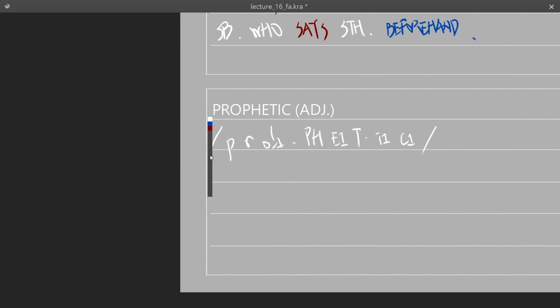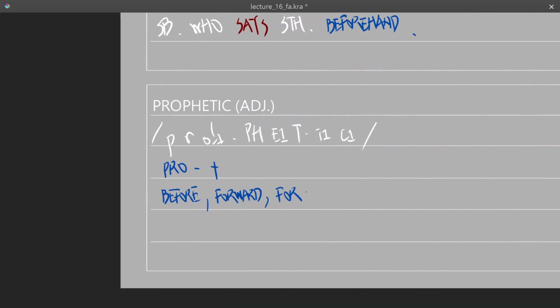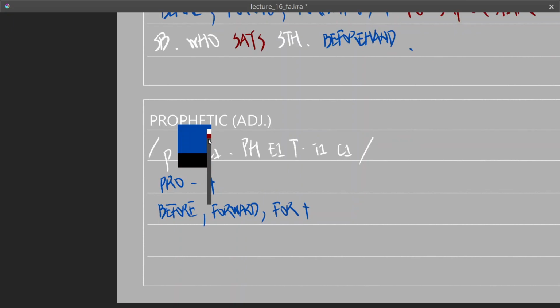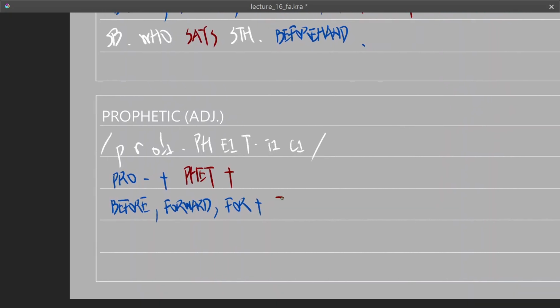And again, we have the prefix pro, meaning before, forward, or for. Now we have the root, meaning to say or speak.